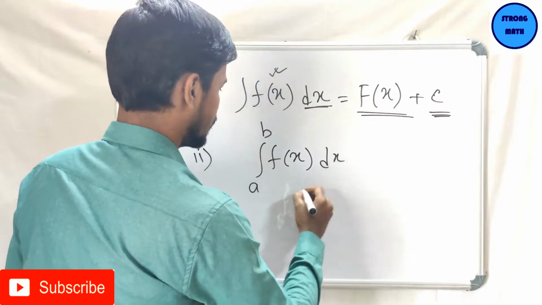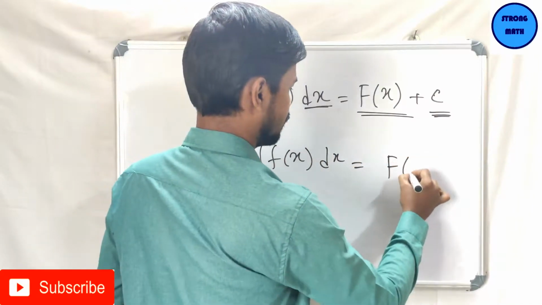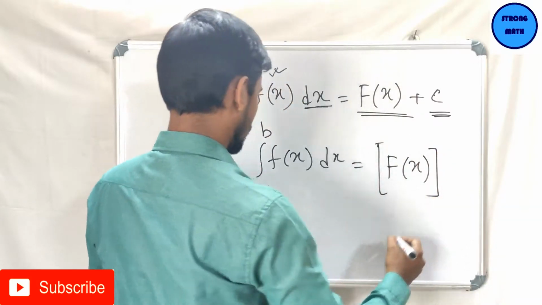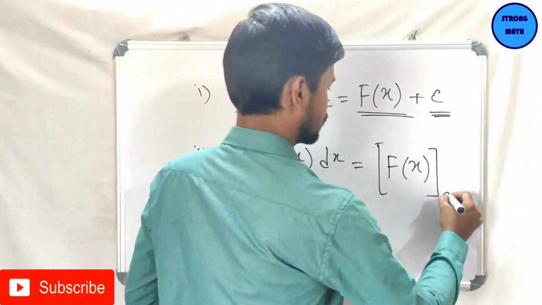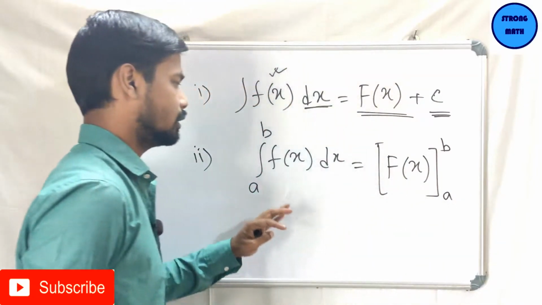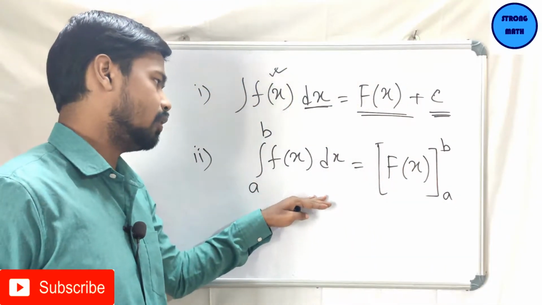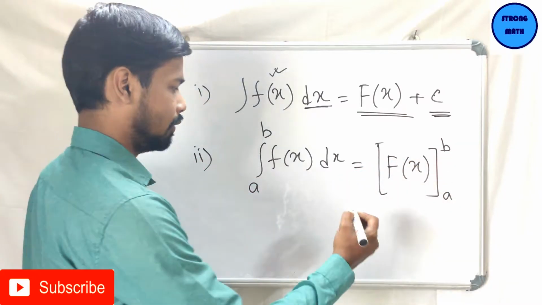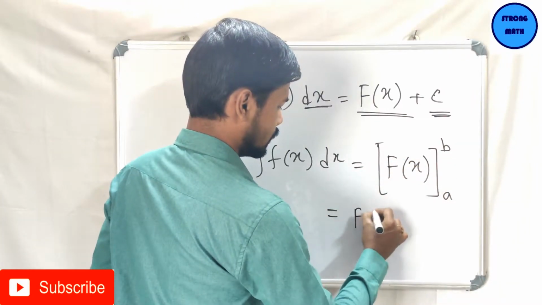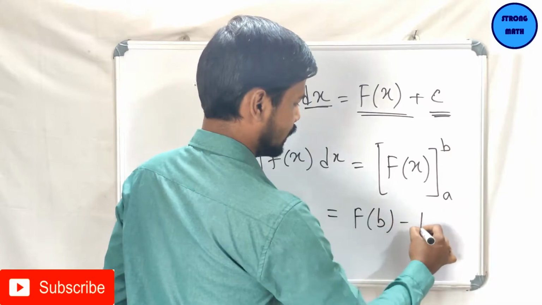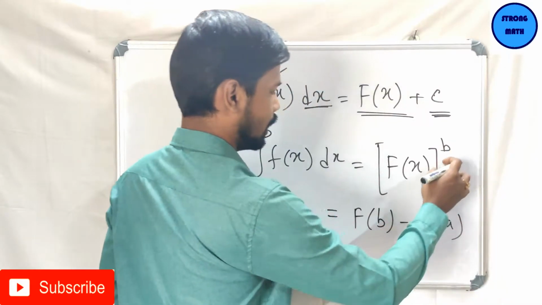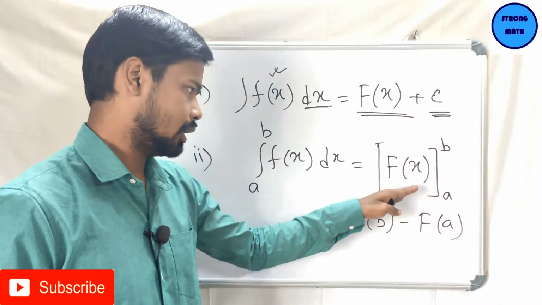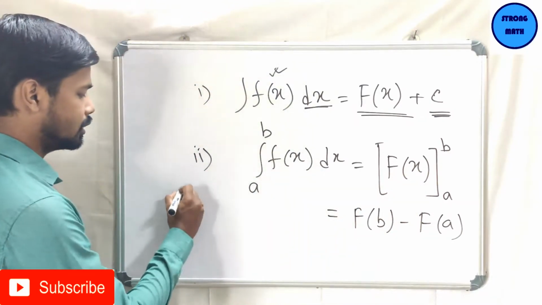In this case if we get the result as capital F(x), then we have to take the values of lower limit as well as upper limit. So we write F(x) with lower limit a and upper limit b, and after that we put the values. Then we write F(b) minus F(a), the value of the upper limit minus the value of the lower limit of the resulting function. So this is definite integral.